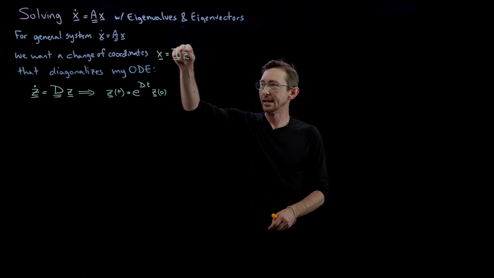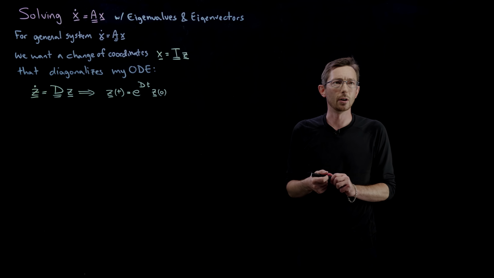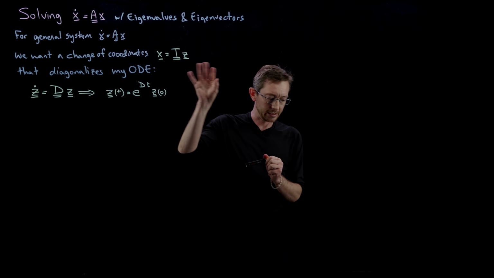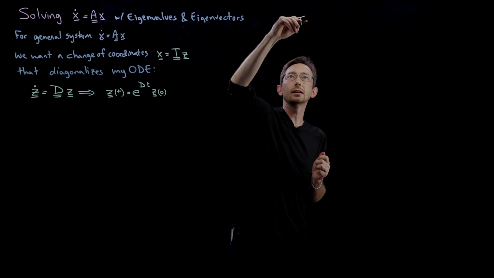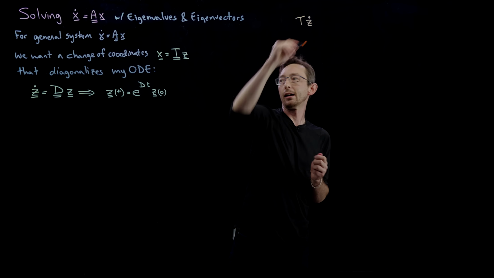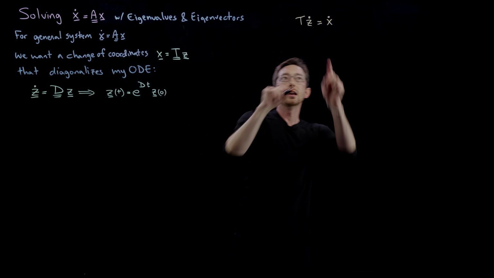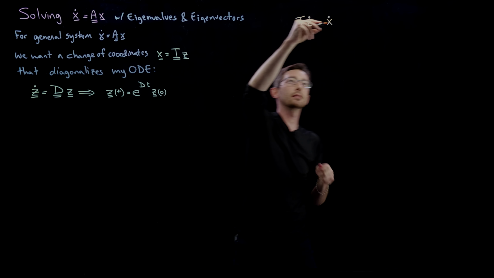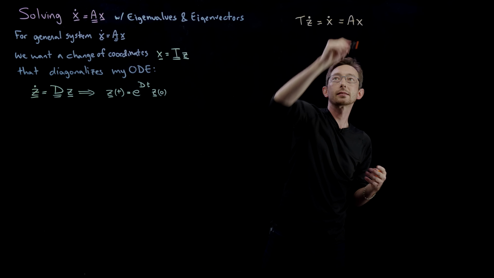So I'm going to take the time derivative of both sides of this. Maybe I'll go orange here for a minute. I take T z dot, that equals x dot, and x dot equals A x.